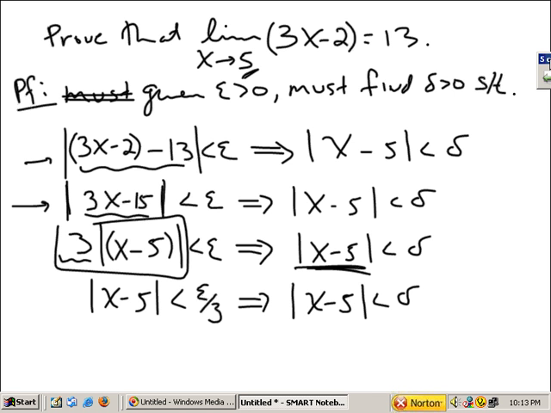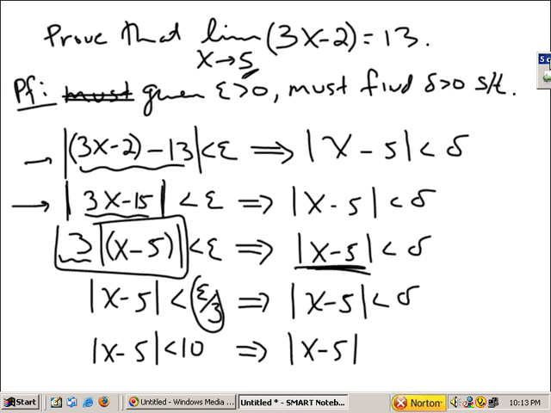For example, if this were 10, isn't it true that if the absolute value of x minus 5 is less than 10, that implies the absolute value of x minus 5 is less than 10? A statement implies itself. If you have $10 in your wallet, that implies you have $10 in your wallet. It also implies that you have $9 in your wallet.